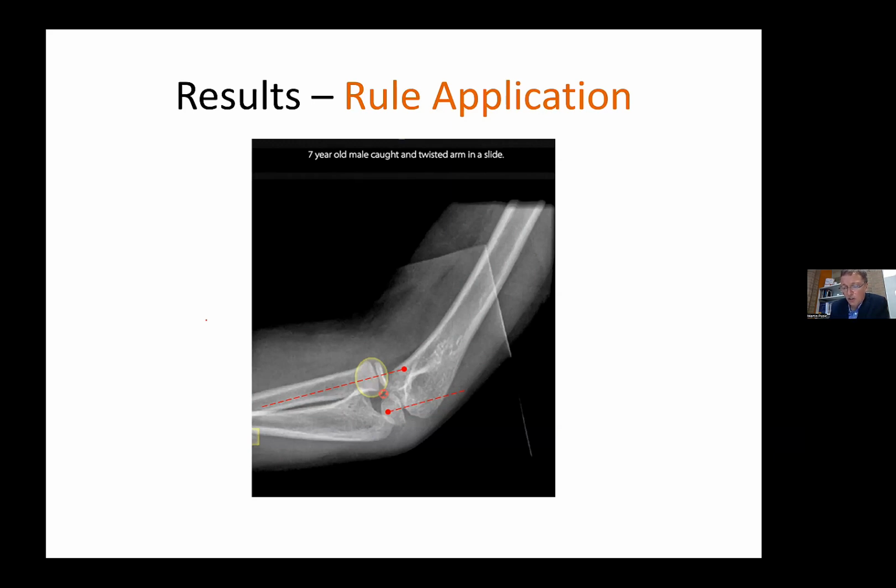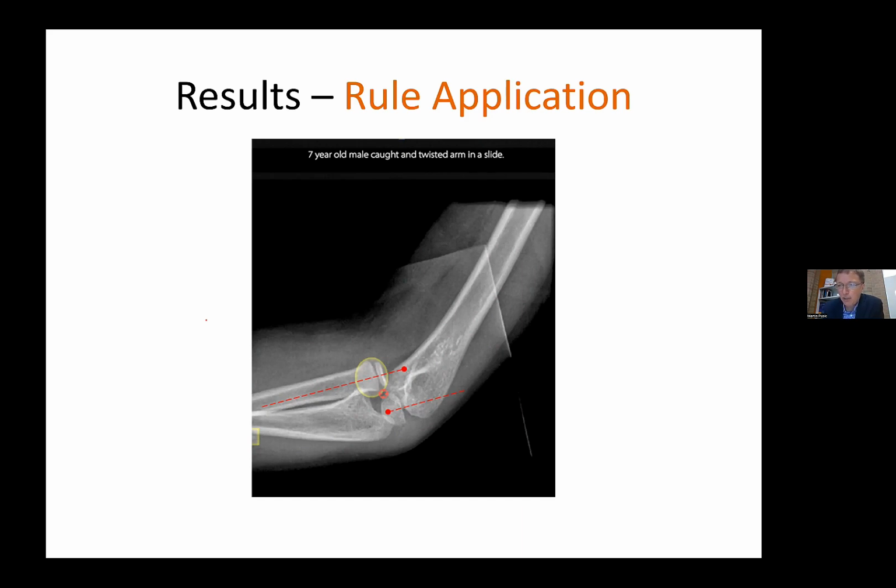And so in our study, the medical students never use the rules because they don't know them. The pediatric radiologists use the rules, but they don't use them in every case. So they didn't draw these particular lines that you're supposed to draw when you're worried about a radial head dislocation, but they only invoked them in those cases where they were relevant, so that they had a mental model of when the rule might be useful, and didn't clutter up their process by invoking the rules slavishly on every single case.